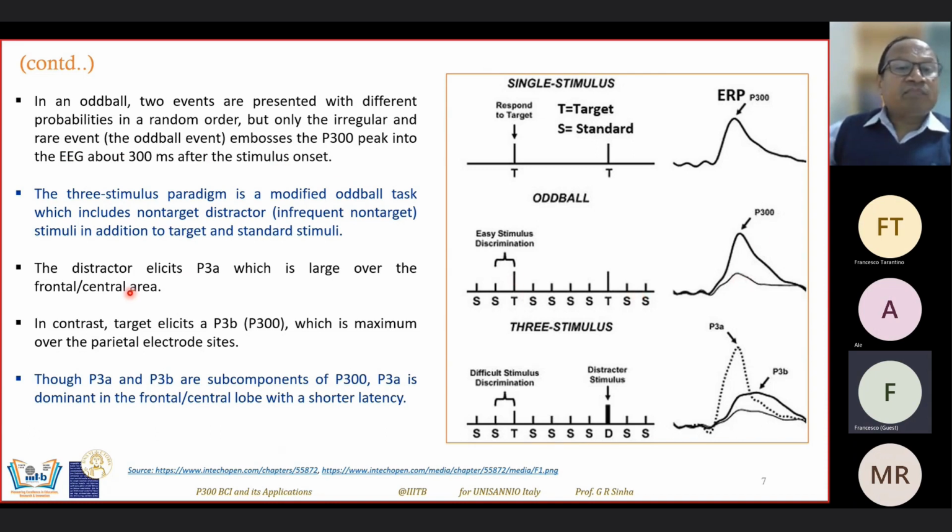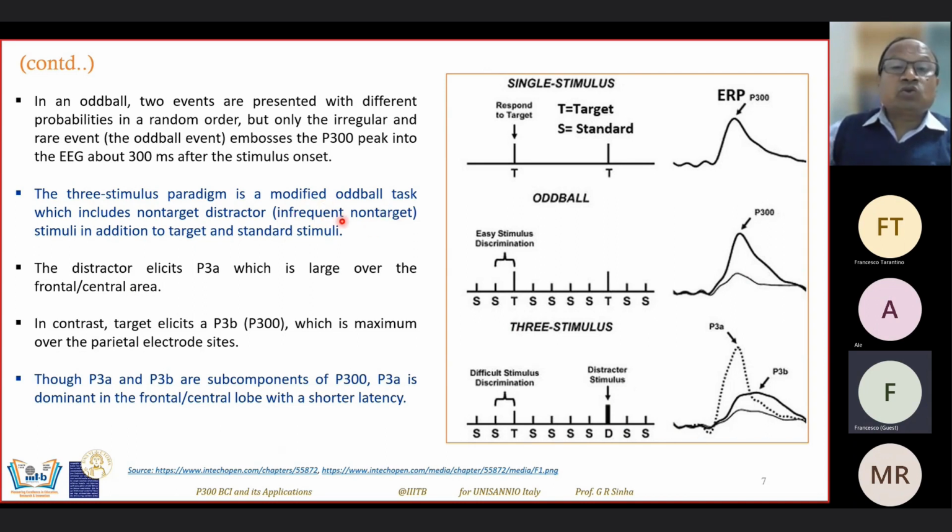The three stimulus paradigm is modified. What is three stimulus? It is nothing but a modified oddball task that includes a non-target distractor. So there is a third one, which is called the non-target distractor, an infrequent non-target.